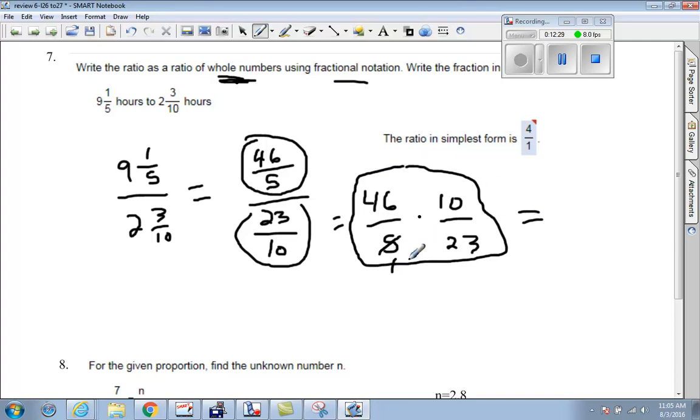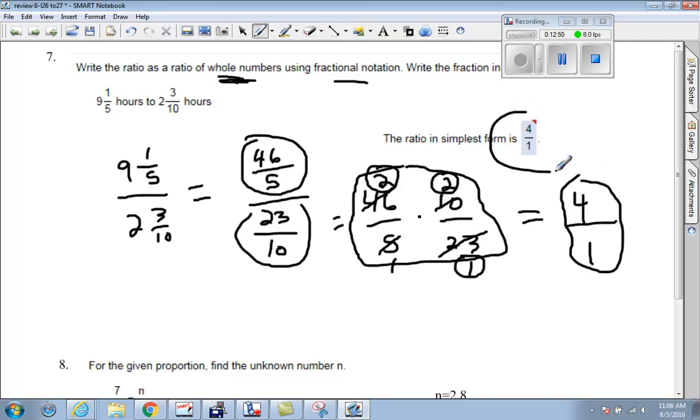So 5 goes into itself once, 5 goes into 10 twice, 23 goes into itself once, and 23 goes into 46 twice. And guess what? 2 times 2 is 4, and 1 times 1 is 1, and voila, 4 over 1.